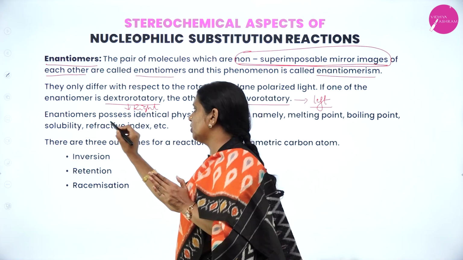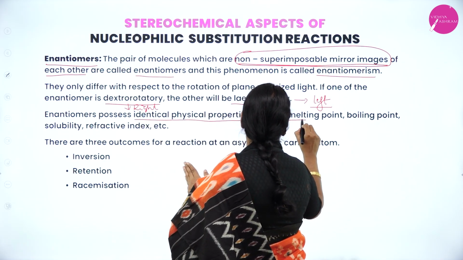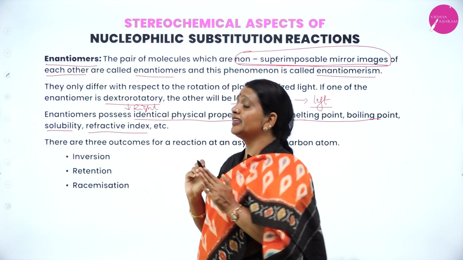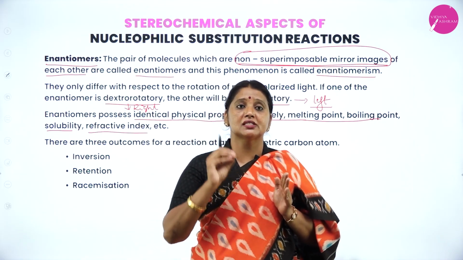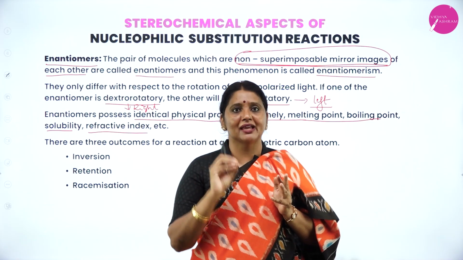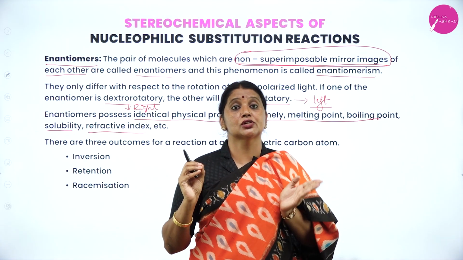However, both compounds have identical physical properties like melting point, boiling point, solubility, and refractive index. Enantiomers differ only with respect to the direction of rotation of plane polarized light. One compound rotates to the right, another rotates to the left.